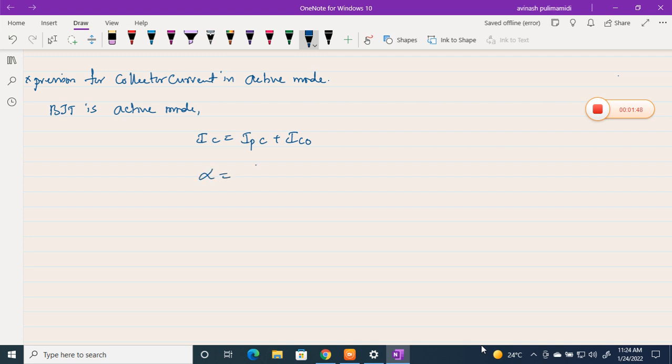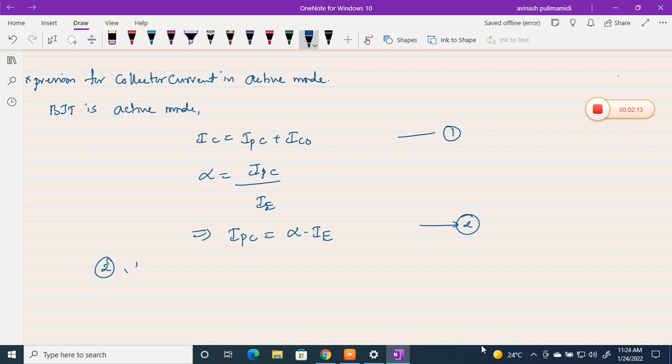Alpha is equal to IPC divided by IE. Let us take this as equation number 1. Can we rewrite this equation as IPC is equal to alpha times IE? Let us take this as equation number 2.